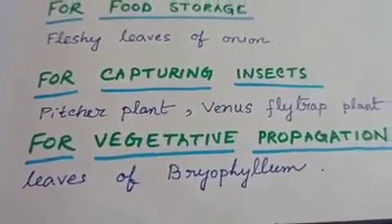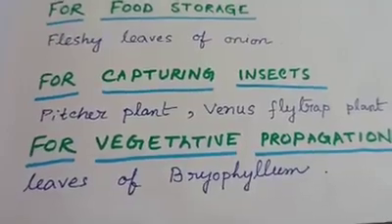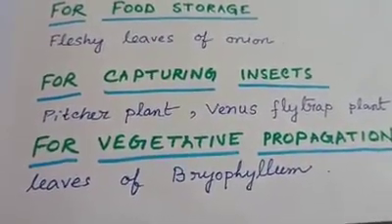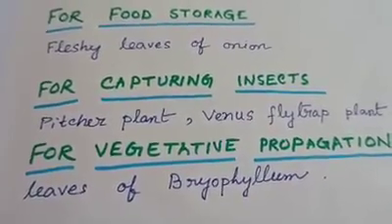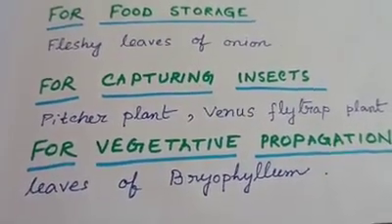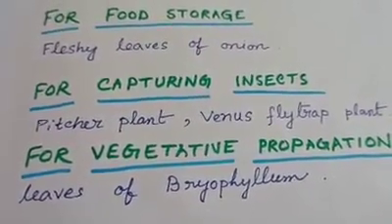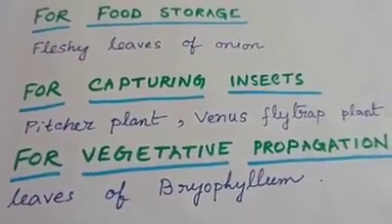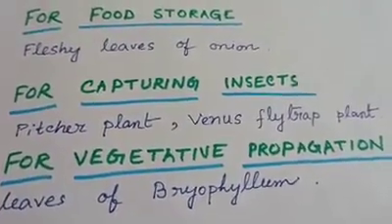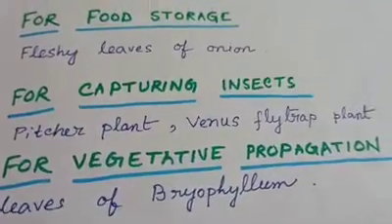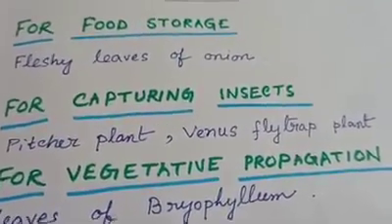Leaves of plants such as Bryophyllum develop small buds called adventitious buds on their margins. These buds grow roots and fall from the leaves of the parent plant. On coming in contact with the soil, they grow up into new plants. So Bryophyllum leaves are modified for vegetative propagation.